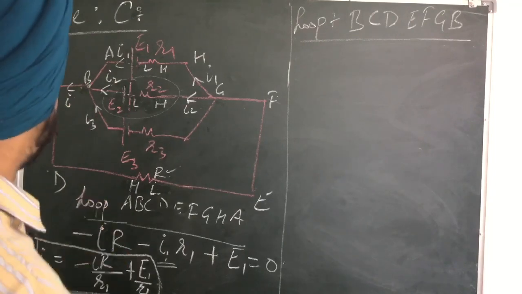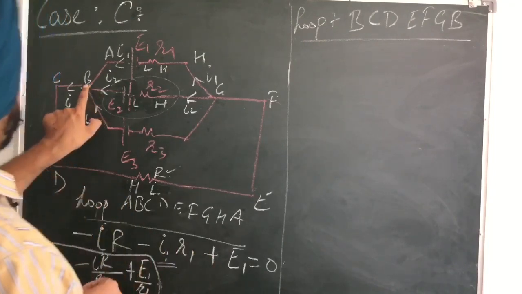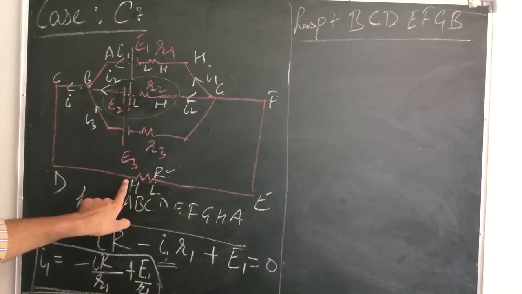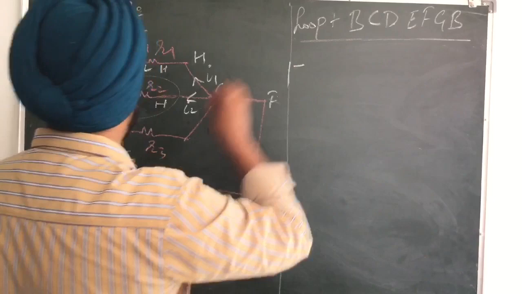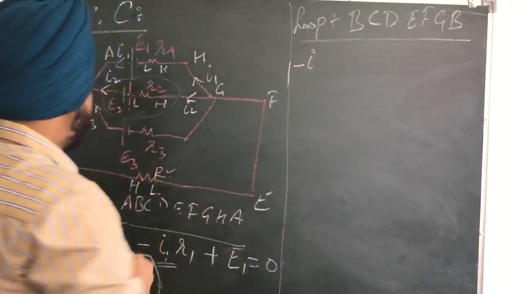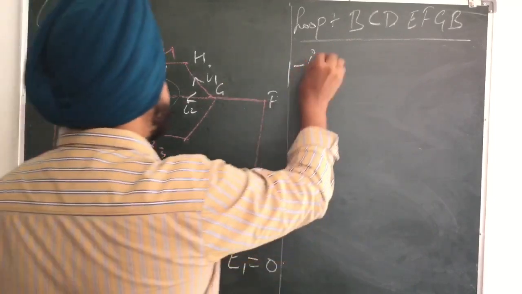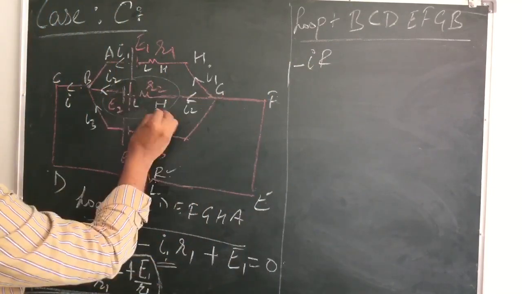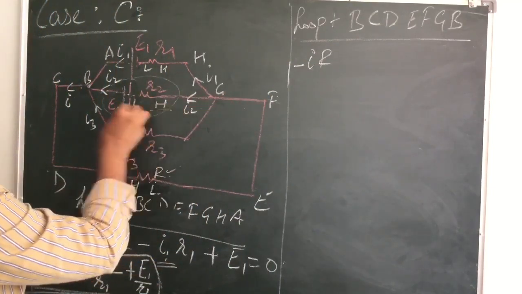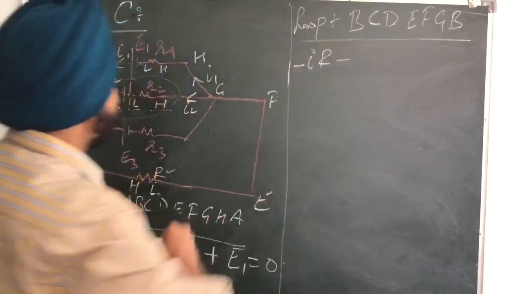Now in this loop, starting from point B, I am encountering this resistor, but I am moving again from high to low, so I will be putting a negative sign over here. Current is I and resistance over here is R, and then I am going from G to this point. So again I am moving from high to low potential, so I will be putting a negative sign over here.